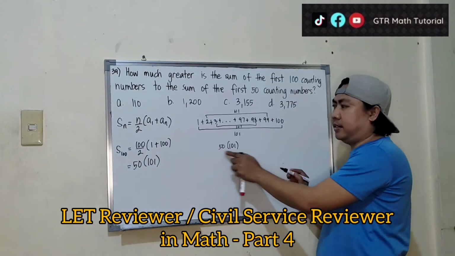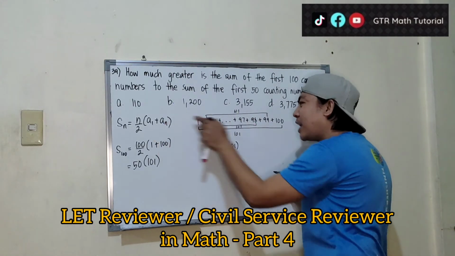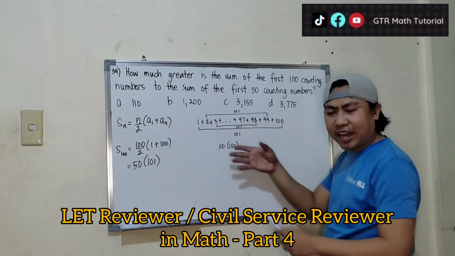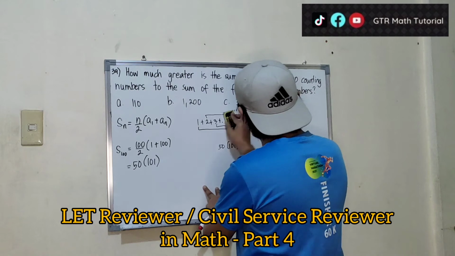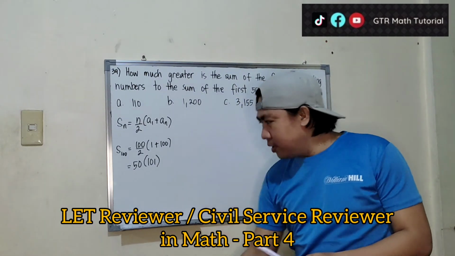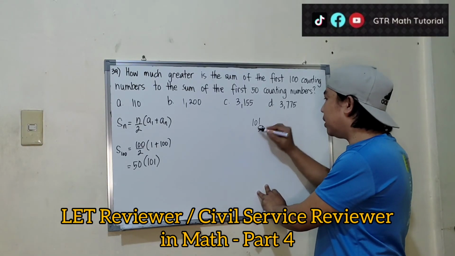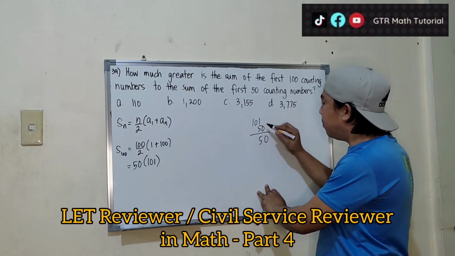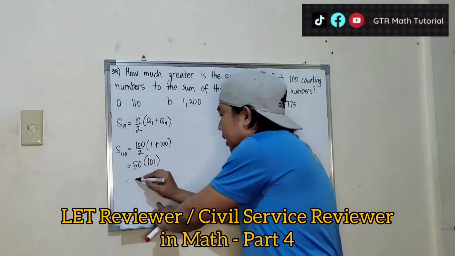Okay? Ganito rin yung ibig sabihin niya. Just in case malimutan, pwedeng ganito na lang ang gawin niyo. Okay, so may formula naman tayo. Multiply nyo lang yan. 50 times 101. So ilan ba ang sagot dyan? Pwede naman kayo mag-calculator. So 101 times 50, so we have 505. So that is 5,050.